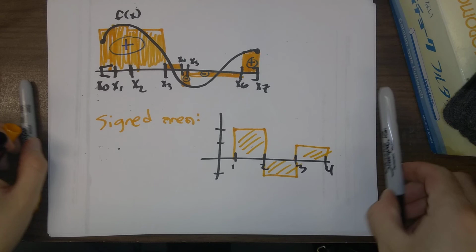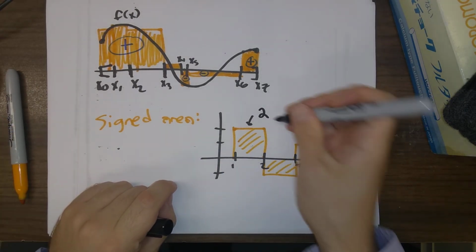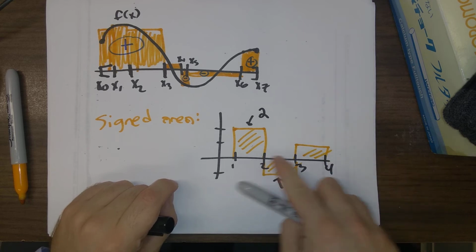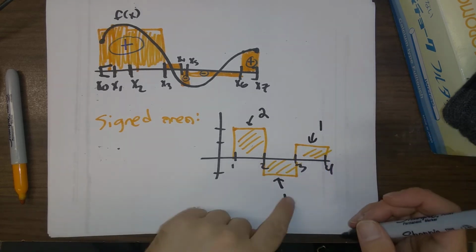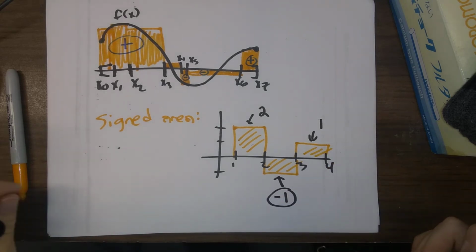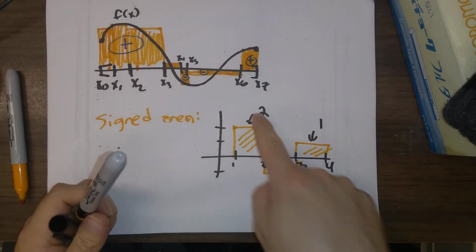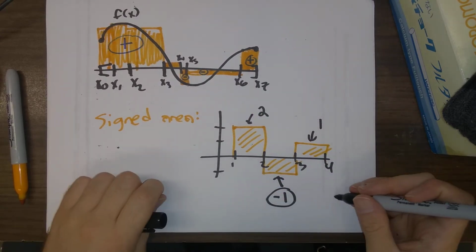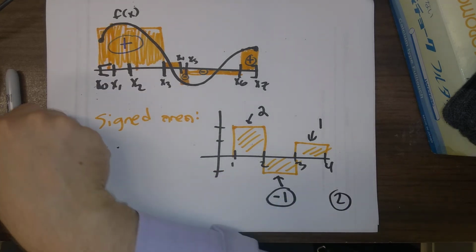The area here would be base times height, 1 times 2, which is 2. This area, base times height, would be 1. This area would be 1. But this area down here comes with a minus sign because it is under the axis. So the overall signed area here would be 2 minus 1 plus 1, so the overall signed area is 2.